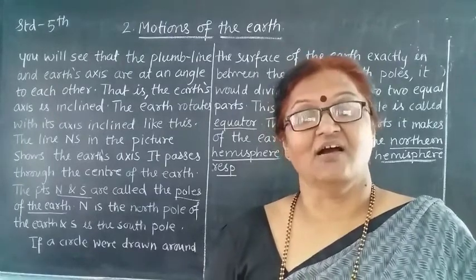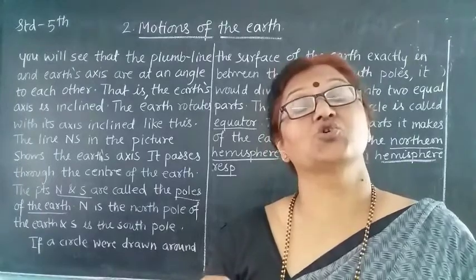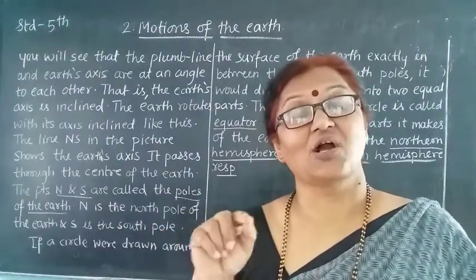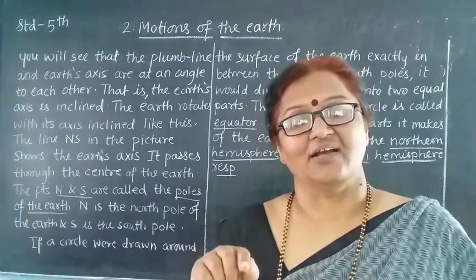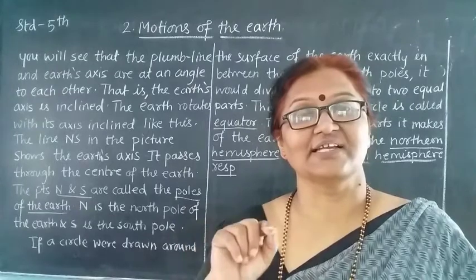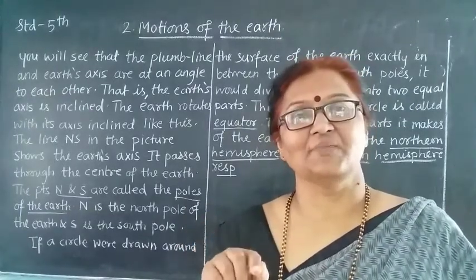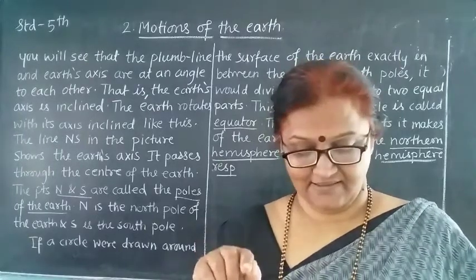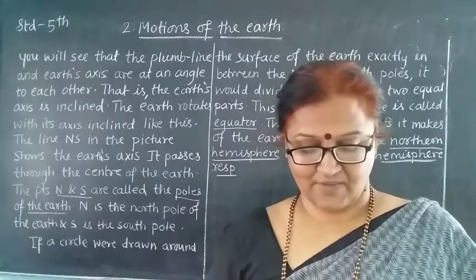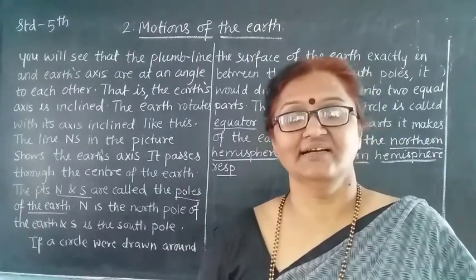That means as the earth rotates around itself, it also goes around the sun, and this is called a revolution. To complete one revolution the earth requires 365 days. That is what makes a year, which is 365 days and 6 hours.